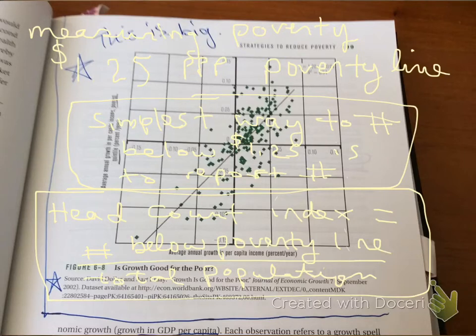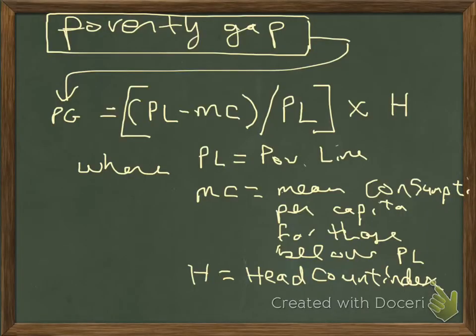Let's see. No, it's not going to do it. Okay. Head count index. That's just the number below the poverty line divided by the population, which I had already shown you.